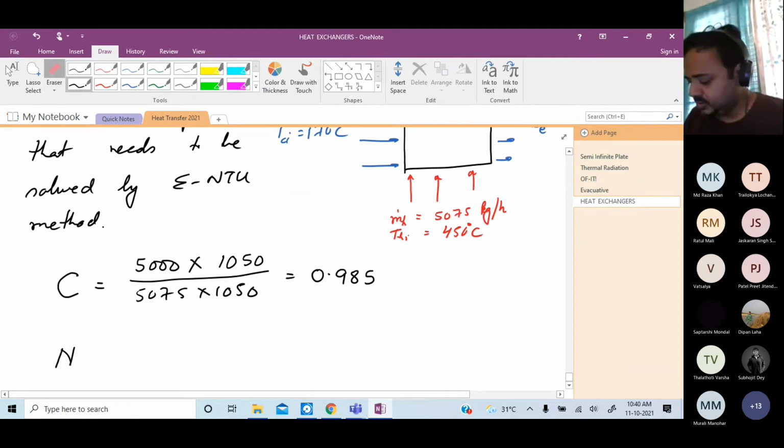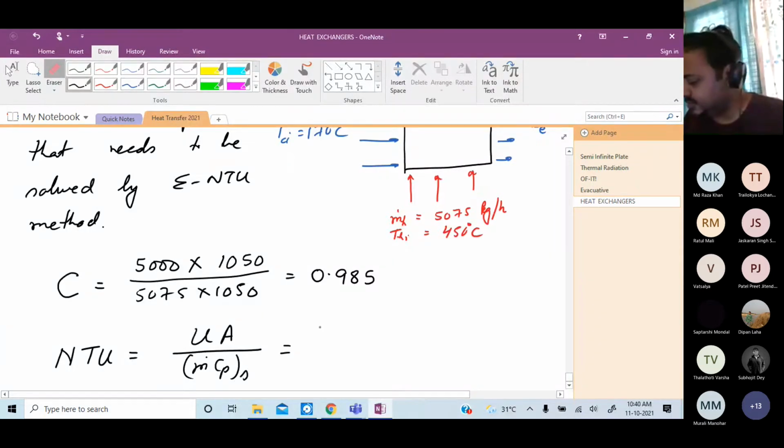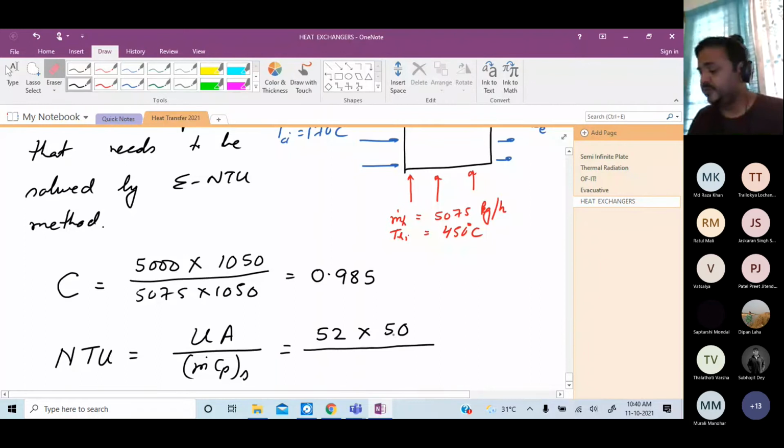Do I know NTU? Yes, I know, because UA divided by m dot CP. So that is given, 52 times 50. You have to be careful about the units. 52 was watt per meter squared Kelvin, and 50 is meter squared. So that's okay, watts per Kelvin in the numerator.